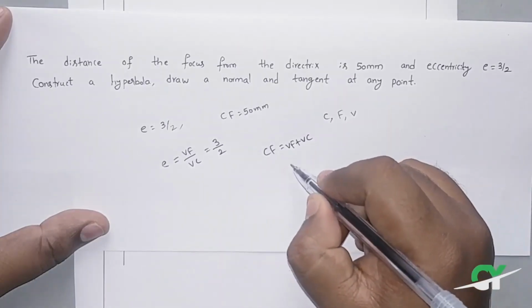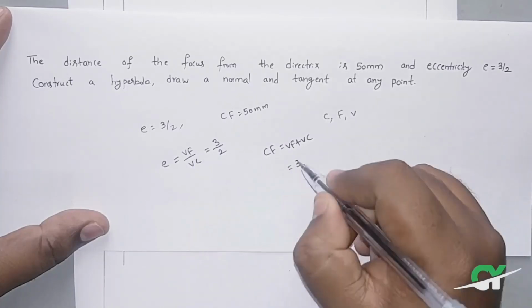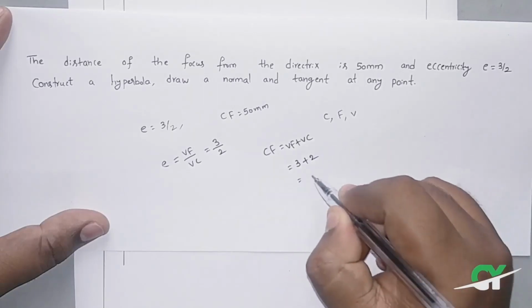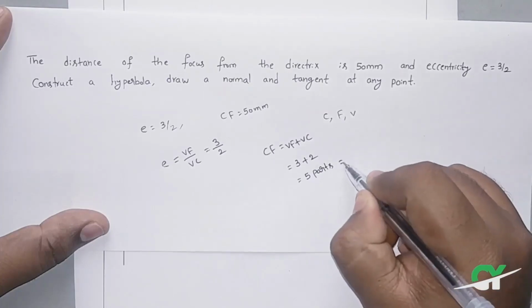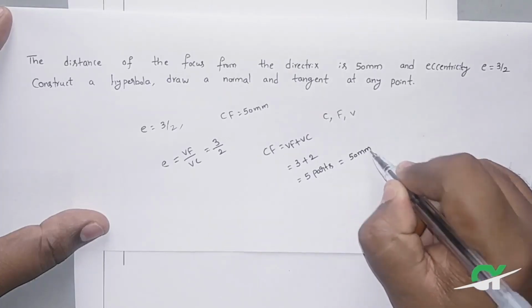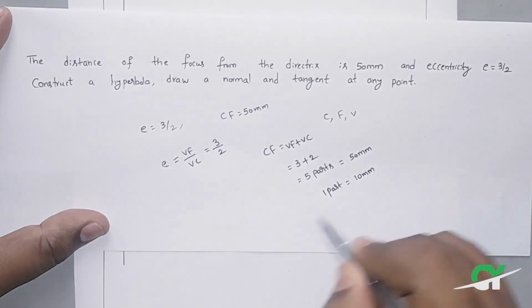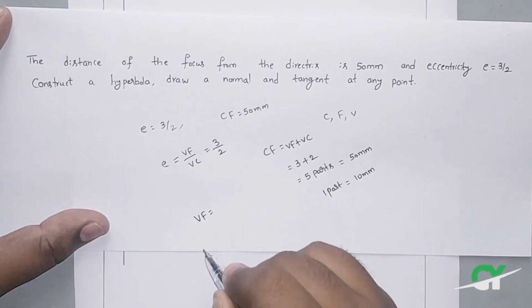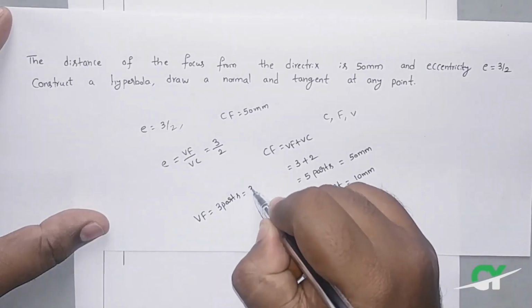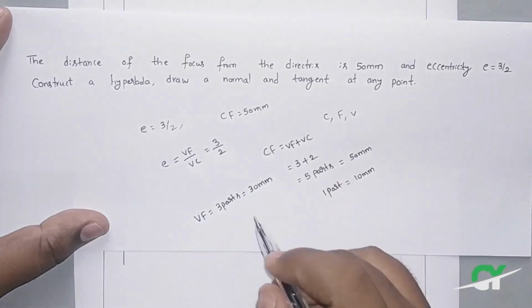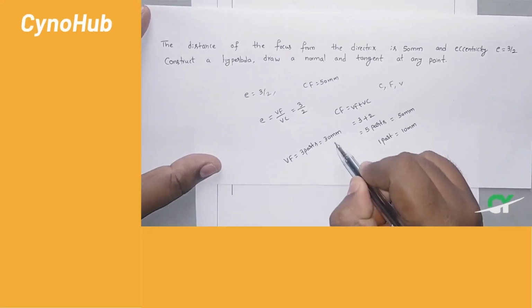By considering the ratio parts, VF equals 3 parts and VC equals 2 parts, so it will be 5 parts. 5 parts equals 50 mm and 1 part equals 10 mm. With this we get VF equals 3 parts, which is 30 mm. That means the position of V from the fixed point, the focus, is 30 mm.